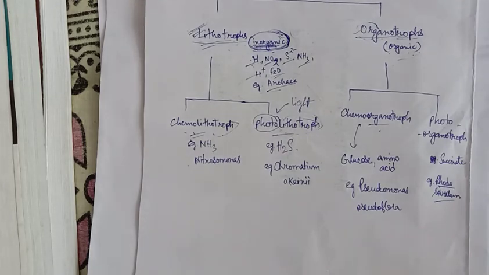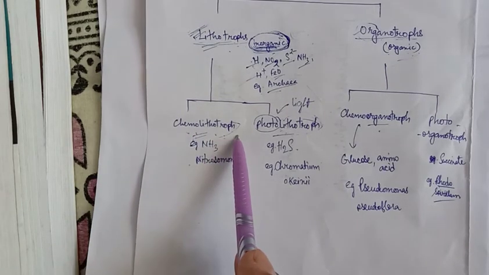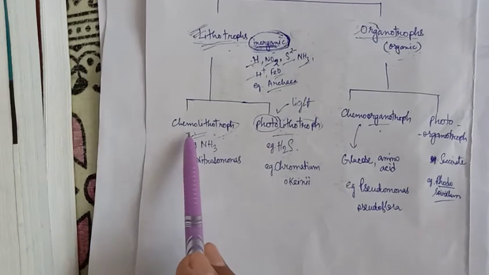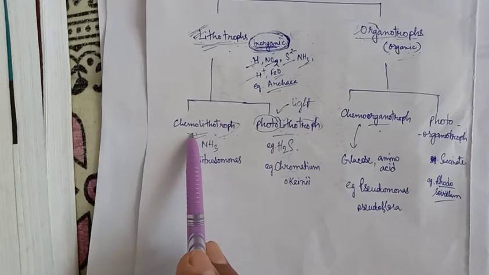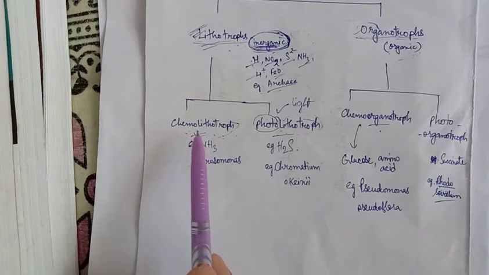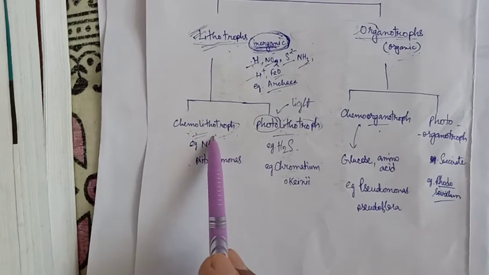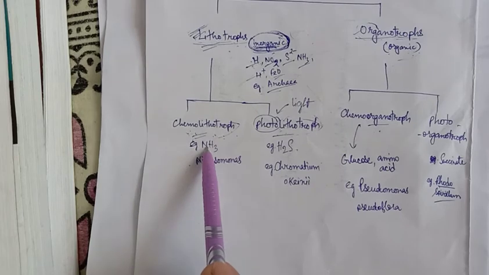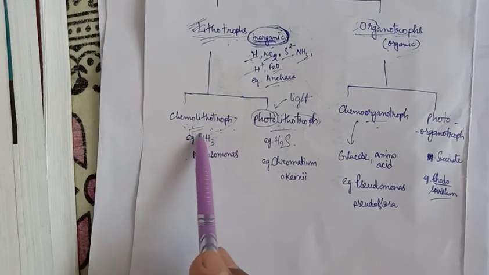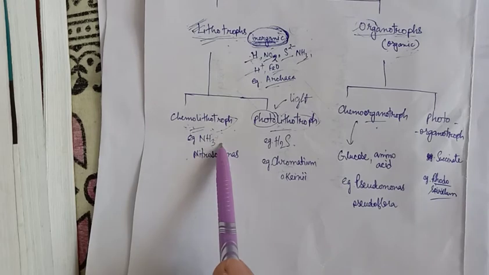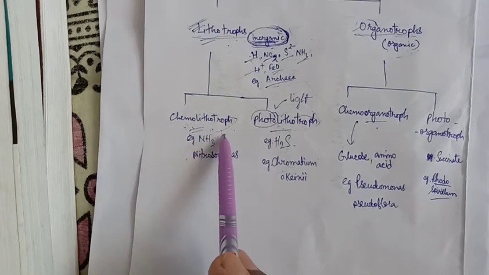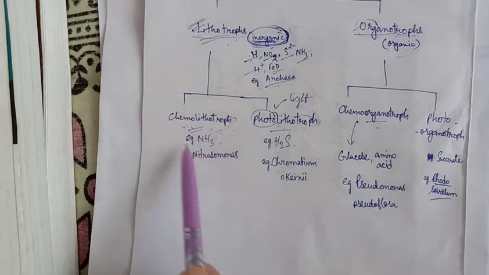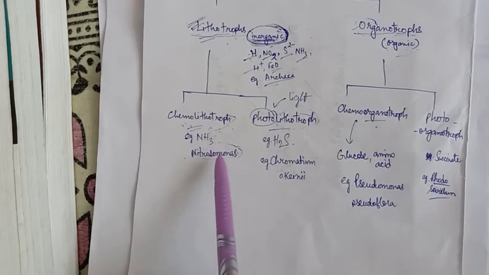Chemolithotrophs are the microorganisms which gain energy from reduced inorganic compounds such as ammonia as a source of electrons. An example of chemolithotroph is Nitrosomonas.